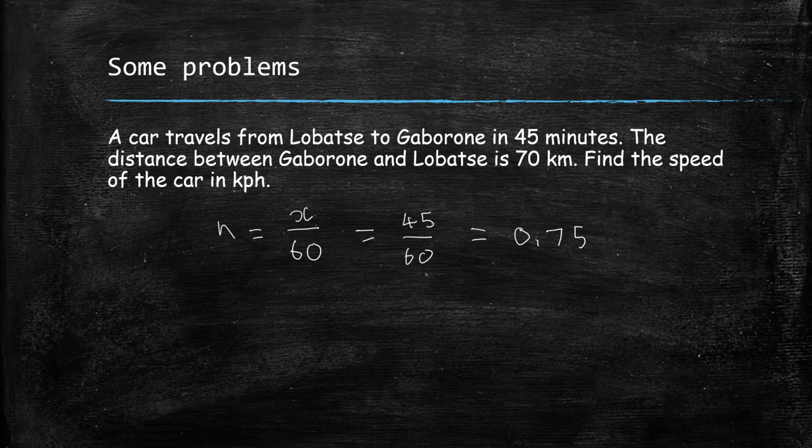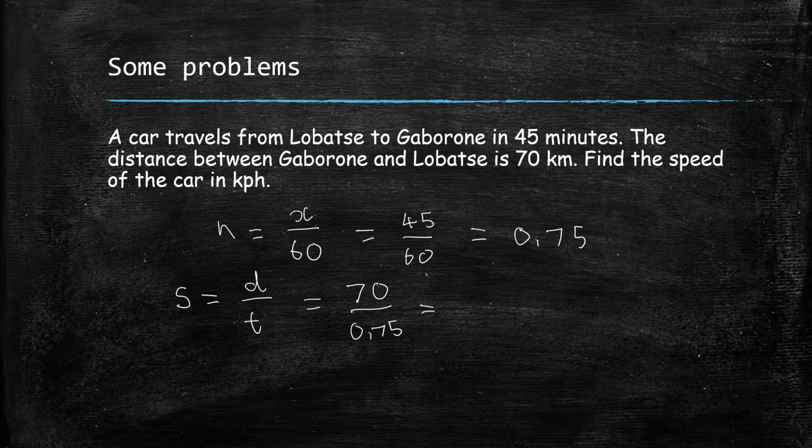Now, since we have the time in hours, we can calculate the speed. Speed is equal to distance over time. The distance is 70 kilometers and the time is 0.75 hours.